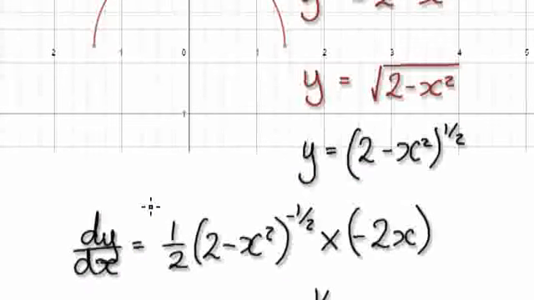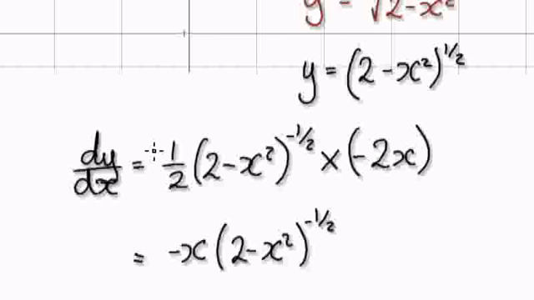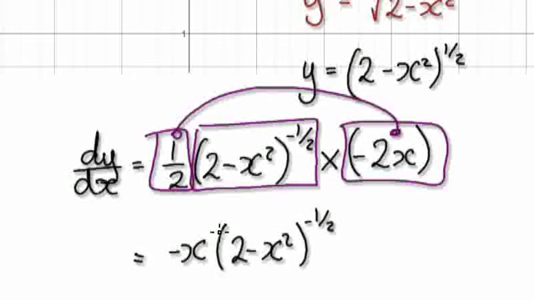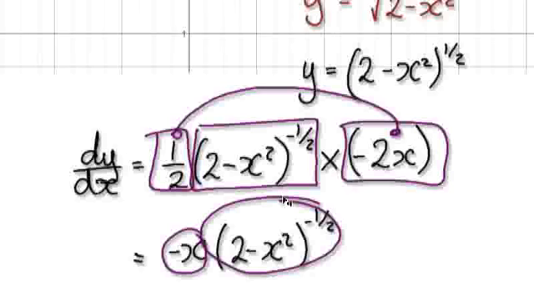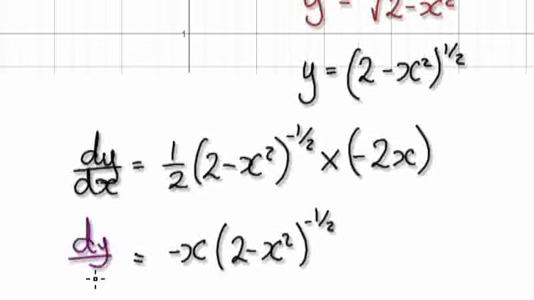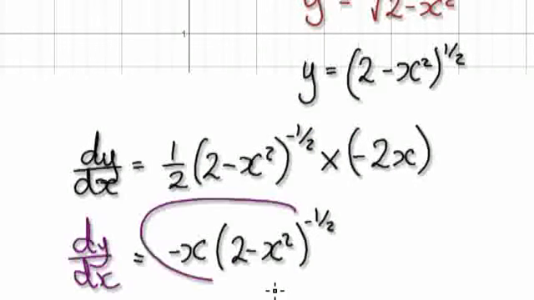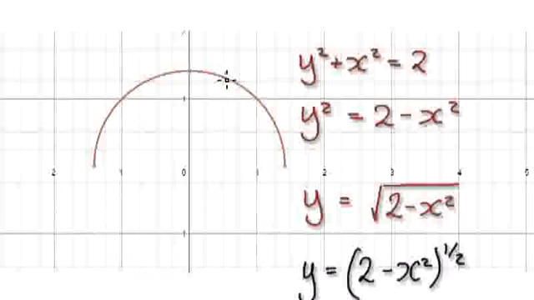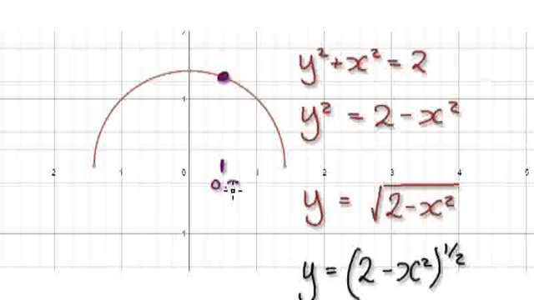Now it's just a matter of tidying this up. Here you've got one block multiplying with another block, multiplying with this block here. So merge this block with this block, and that would give you minus x times this thing here. So dy by dx is given by this. If you want to find out the gradient at this point here, x would be 0.5.